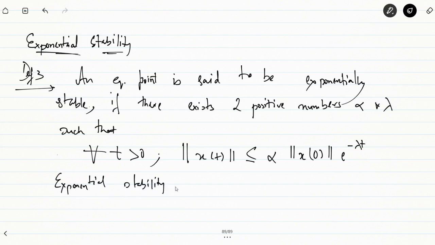So this will imply that your states are decaying towards 0 much more quickly as compared to the asymptotic criterion. So exponential stability always implies an asymptotically stable system. But the reverse is not true. If your system is asymptotically stable, it may or may not be exponentially stable.